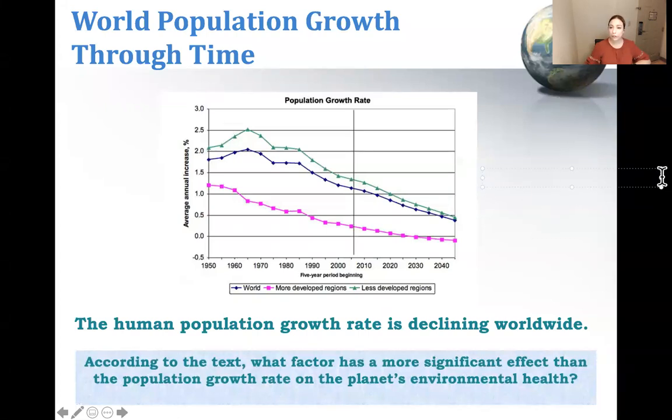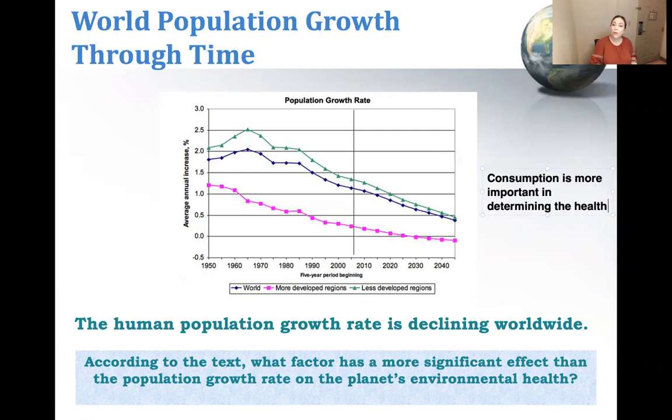Now, I said it's in your text, and I do want you to read your text, but I'm also going to give you the answer here. Consumption is more important than population size when it comes to the health of the planet's ecosystems.